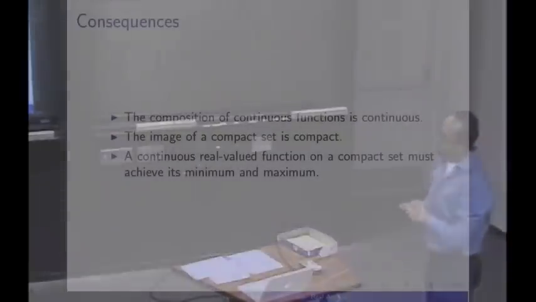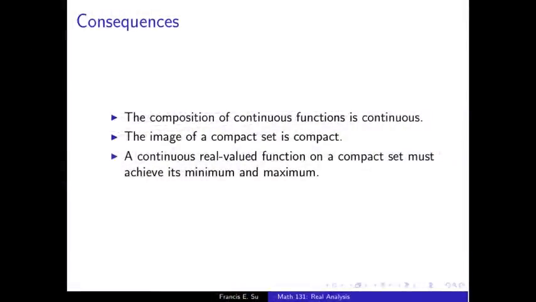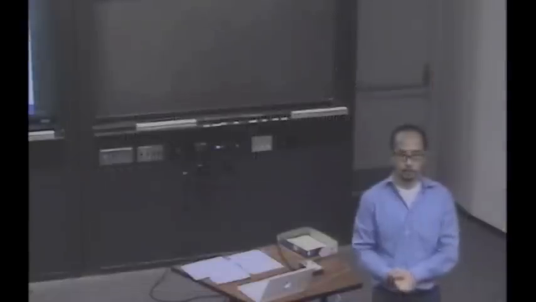And one very quick consequence of that is that a continuous real-valued function on a compact set must achieve its minimum and maximum. Why is that? Well, if it's real-valued, it's getting mapped into the real numbers. The image of a compact set is compact, and in the real numbers, that's the same as being closed and bounded.